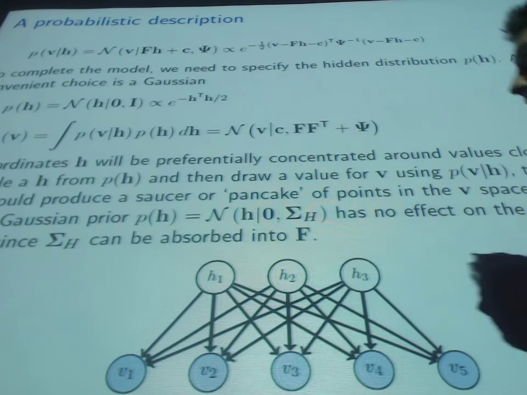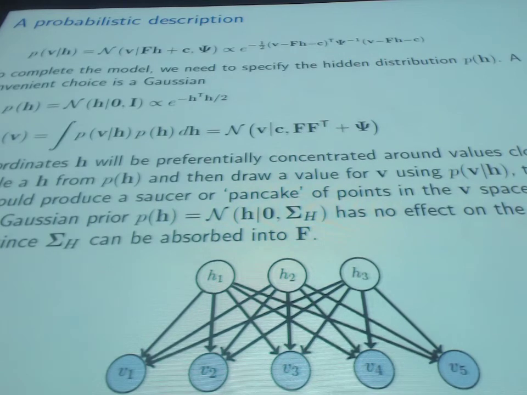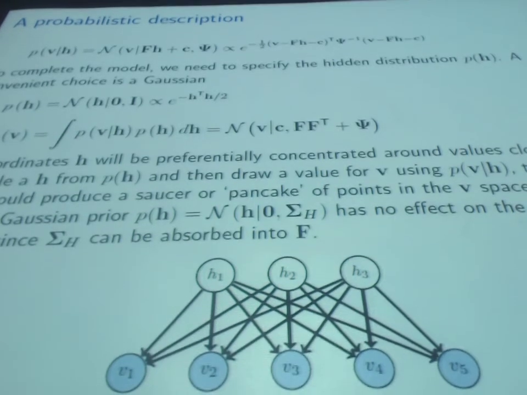So, the probability distribution, we can write this down as a latent variable model, P of V given H. So it's a continuous latent variable model. It's a Gaussian distribution in V with a mean given by FH plus C, and the covariance given by psi. Okay, we've got this Gaussian prior over the H's, and we may assume that this Gaussian prior has got zero mean and unit covariance.